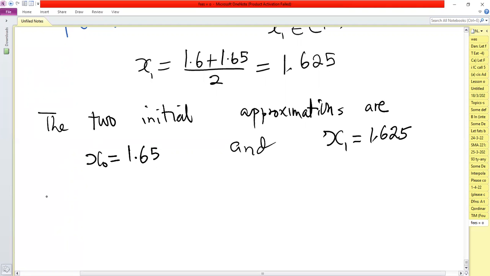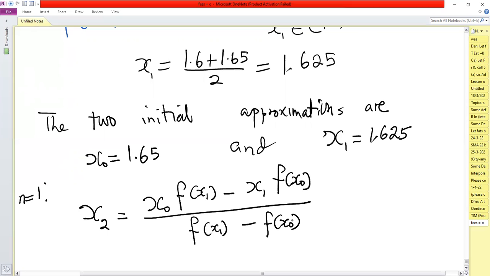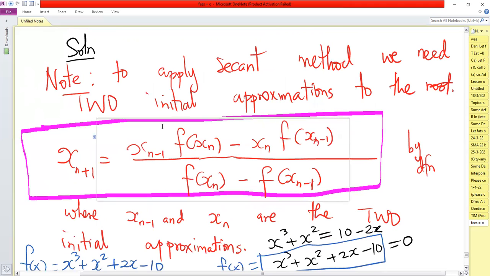So when n equals 1, the formula becomes x2 equals x0 f of x1 minus x1 multiplied by f of x0 divided by f of x1 minus f of x0. I'm simply putting n equals 1 in this secant method formula.